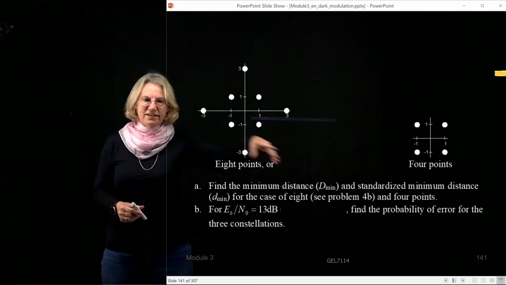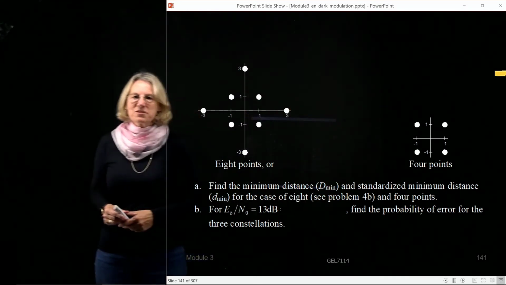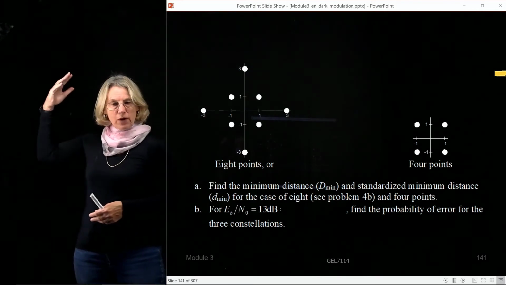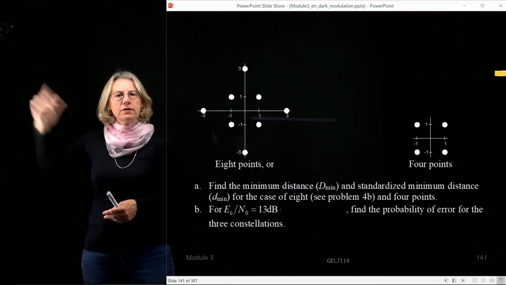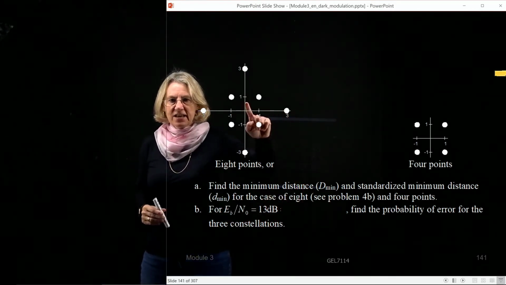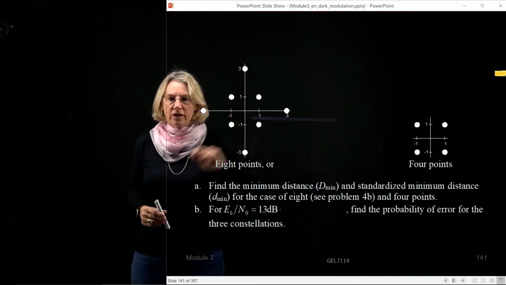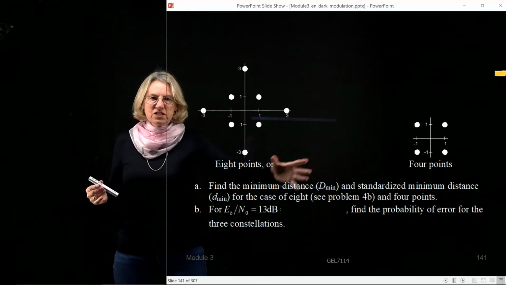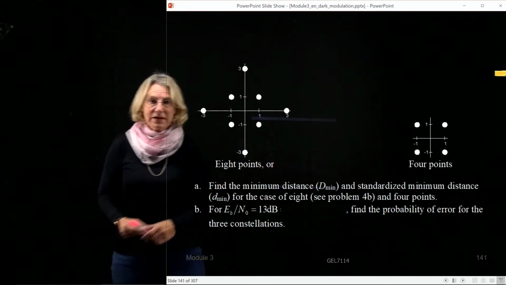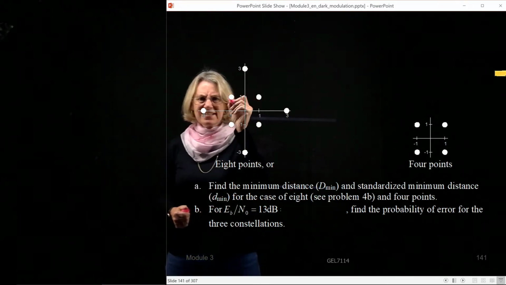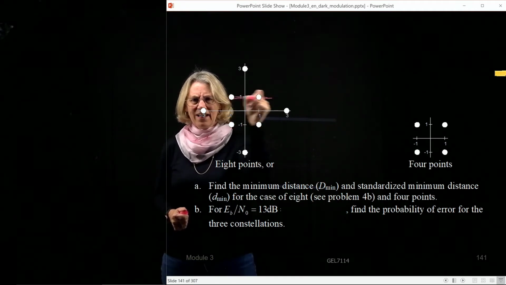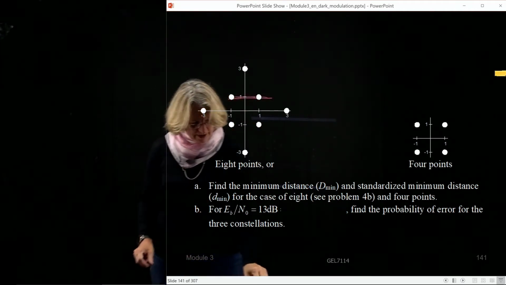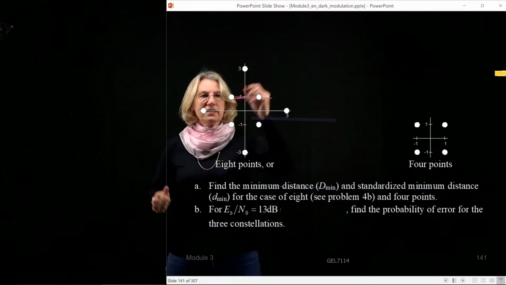There's another part of this problem, but I just want to show you that I showed you how to do the normalization for square QAM. So I showed you how to take these coordinates, which are IQ coordinates, and if I look at just the geometry, I could ask myself, is this distance here shorter than the distance here?